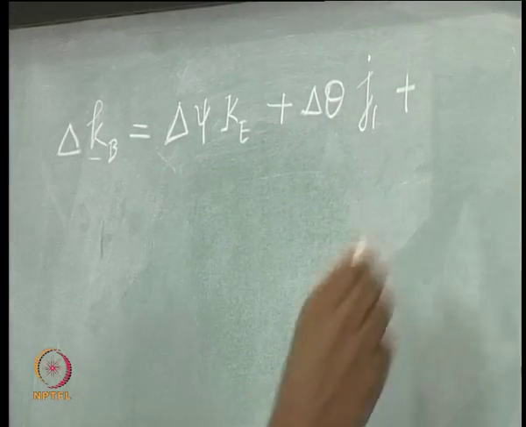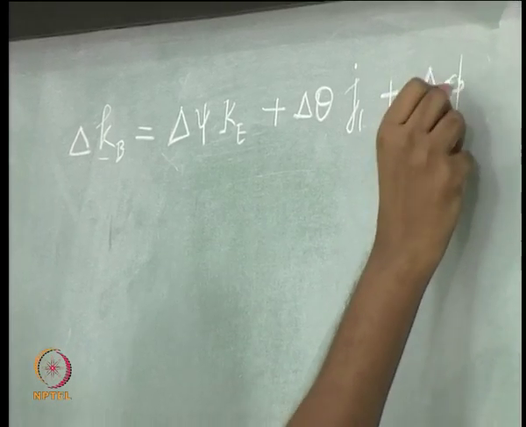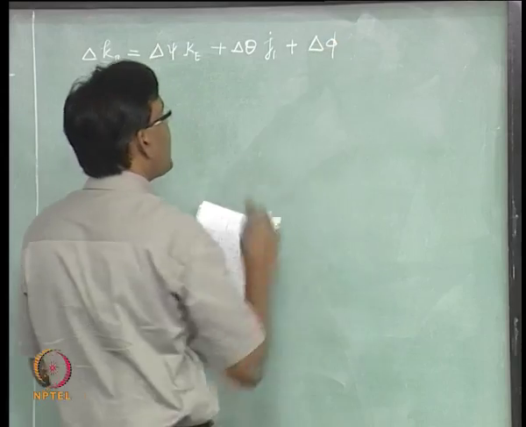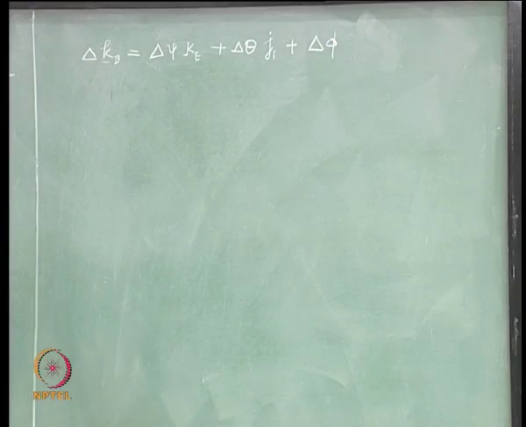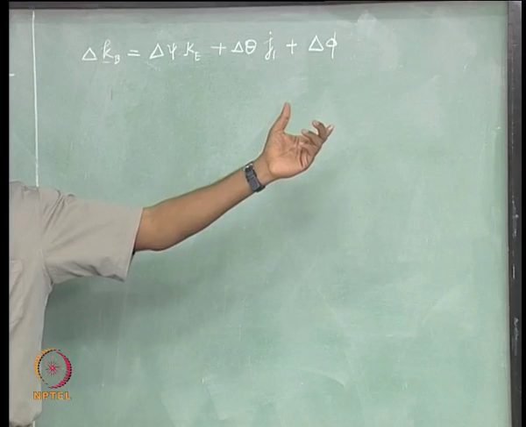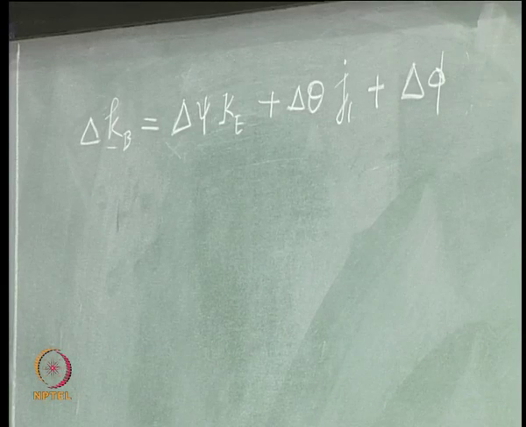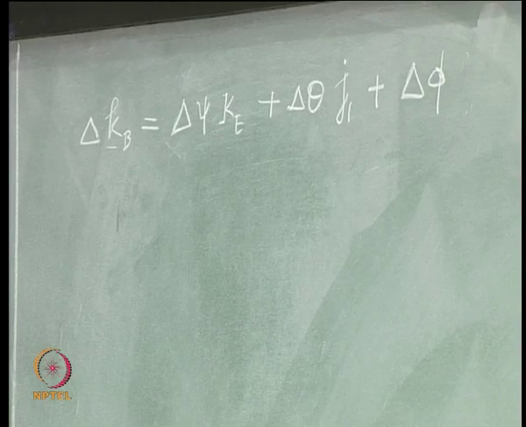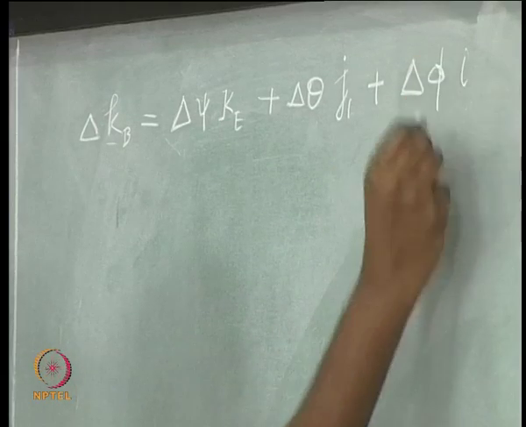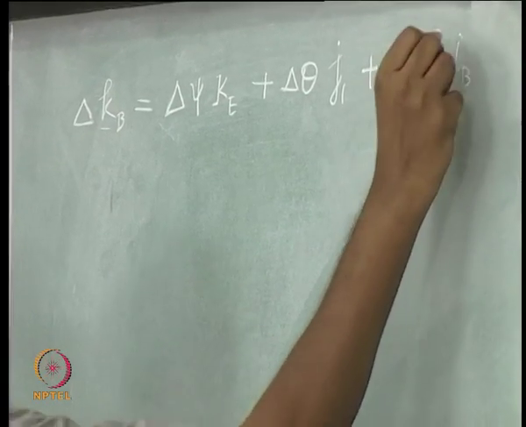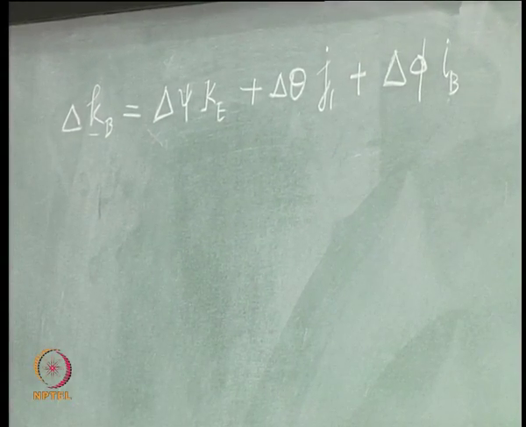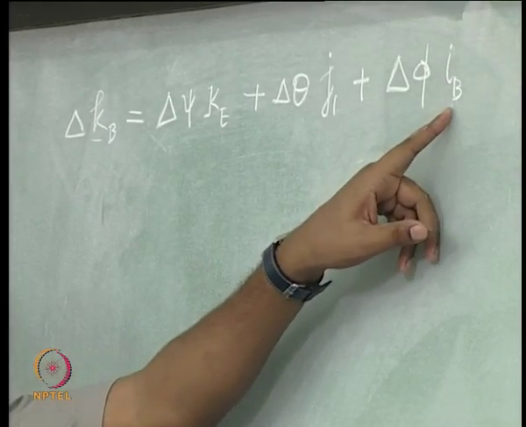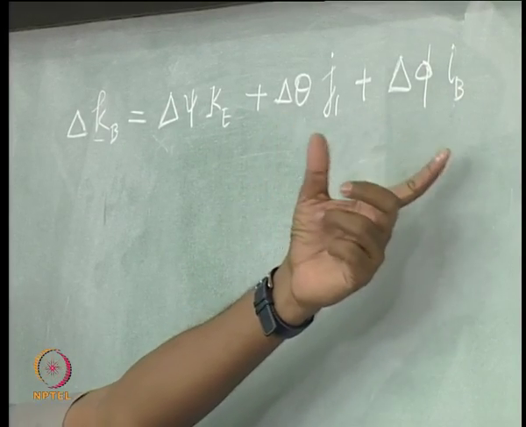Finally, delta phi, which is about the x axis of the aircraft itself, right. So, we can write it new x2 or xb, right. B is for body of the aircraft, right.